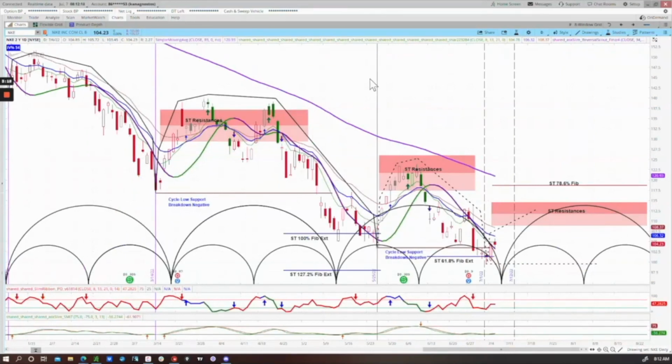Switching over to the daily chart of Nike, this has an overall bearish look, bearish cycle structures with negative configurations and left-hand translations. The situation right here is why we find Nike on the Cycle Low Timing Tracker.